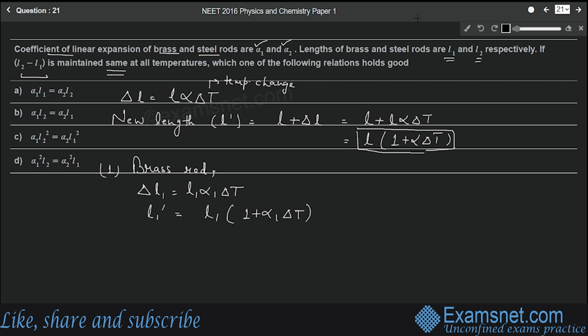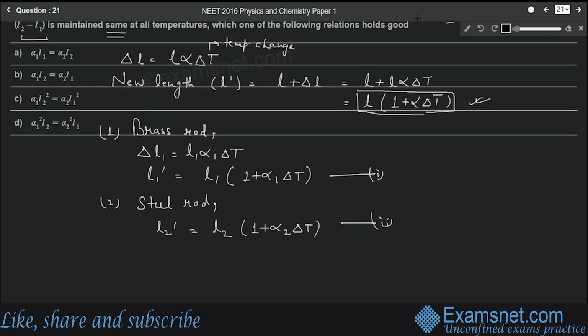This is the formula for increased length. Similarly, for the steel rod, the new length L2 dash will be equal to L2(1 plus alpha 2 delta T). Let's take these as equation number 1 and equation number 2.